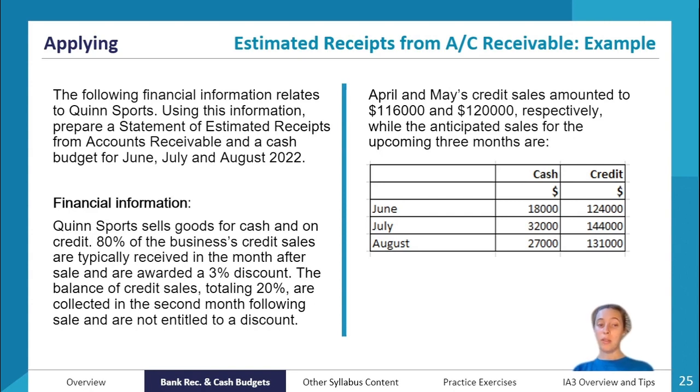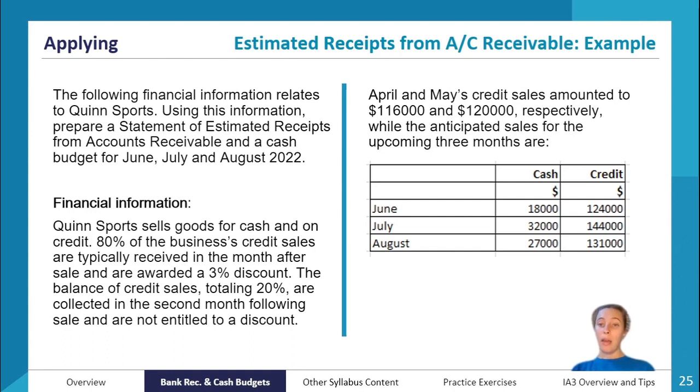80% of the business's credit sales are typically received in the month after sale, and they get a 3% discount as a reward for doing so. The balance of credit sales, so the remaining 20%, they're collected in the second month following sale, and they are not entitled to any discount.